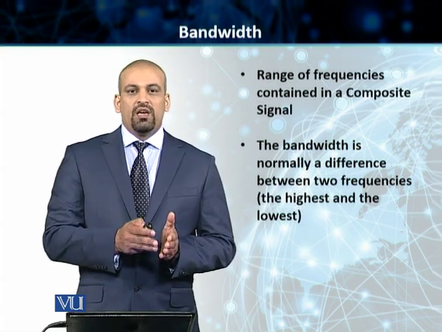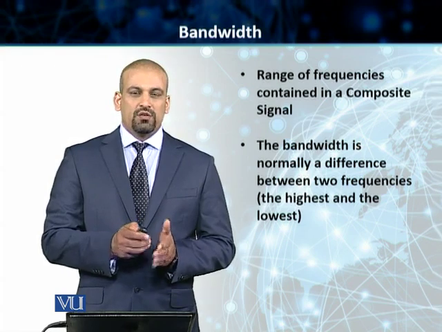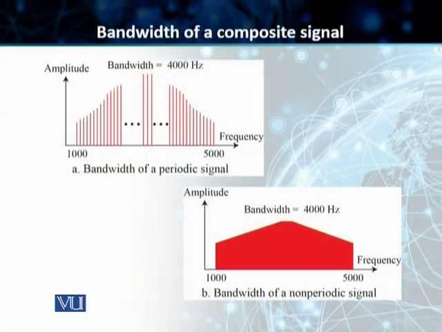Students, let's move to a slide, and I'll give you an example of how we calculate the bandwidth of this composite signal. As you can see, on the top we have a periodic signal, a composite periodic signal, and it's got a range of frequencies. The smallest frequency out here is 1000 hertz, and the highest frequency is 5000 hertz.